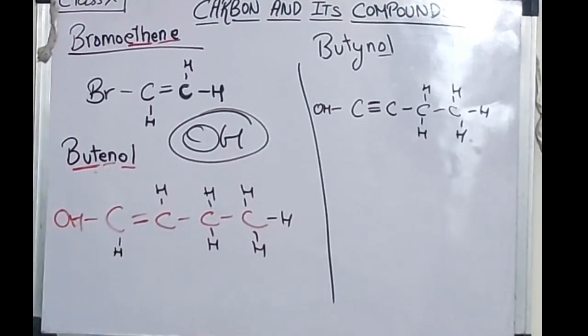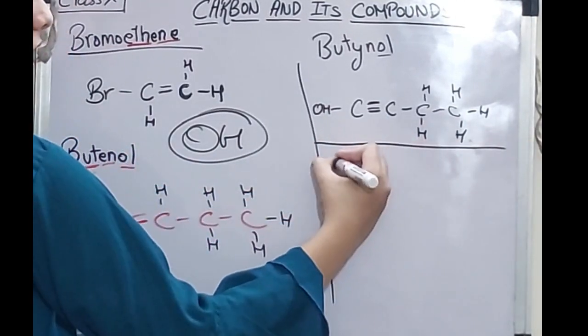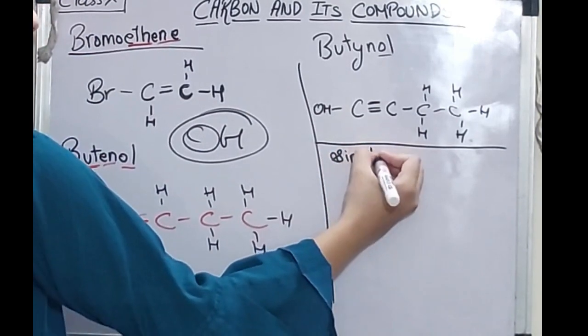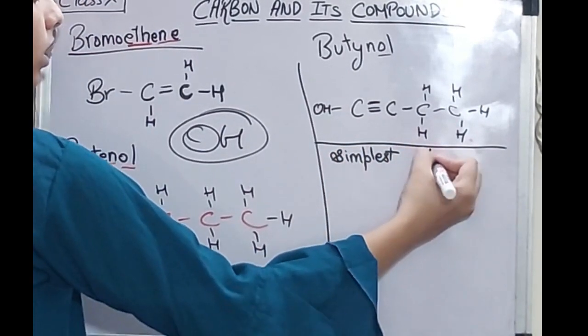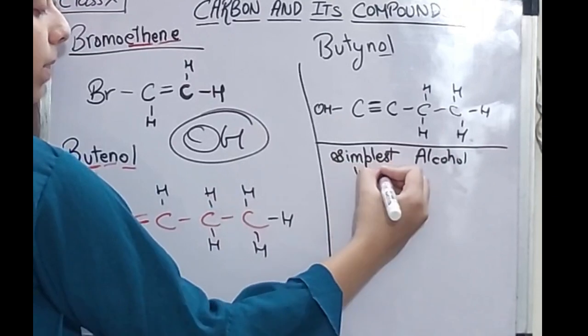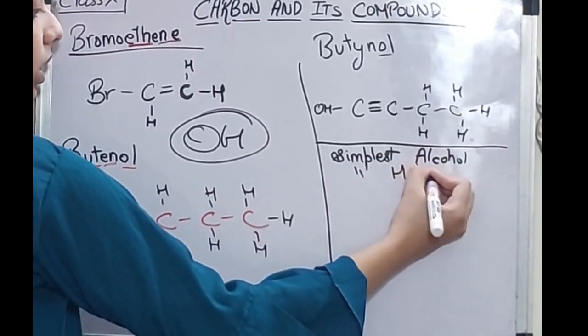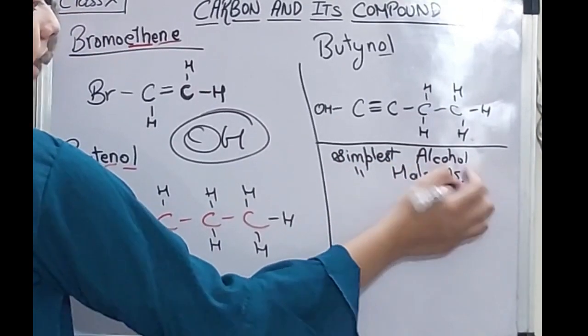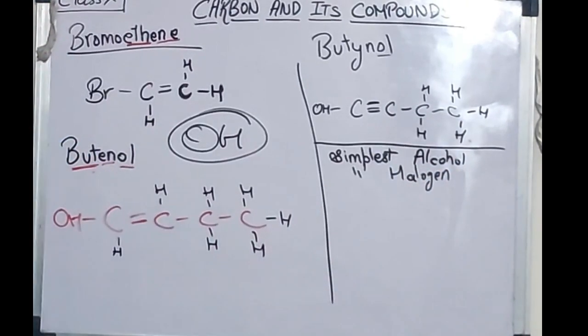One more thing. Sometimes the question comes to draw the simplest alcohol or the simplest halogen. How will you do that? What is the structure of the simplest alcohol? Can you guess it?